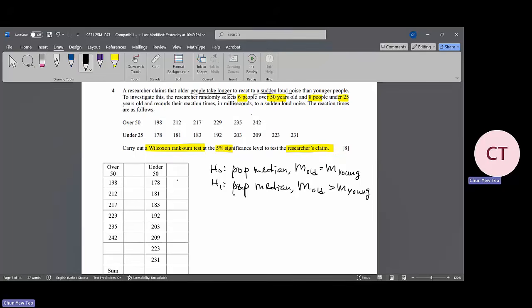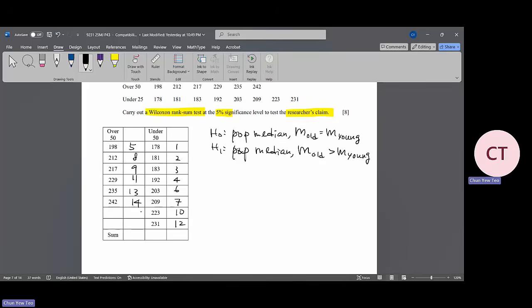I give rank number 1, rank number 2, 3, 4, 5, 6, 7, 8, 9, 10, number 11, 12, and then 14. So we total the rank over here, you will get this as the 45.